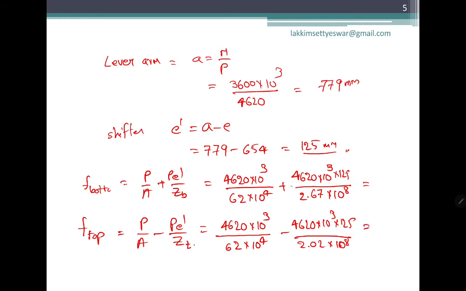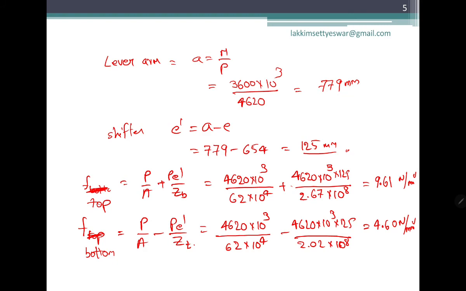After calculating this, we got the values: this is at the bottom, and this is at the top. The values are 9.61 Newton per mm square and 4.60 Newton per mm square.